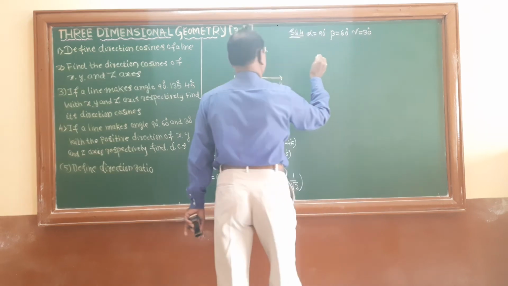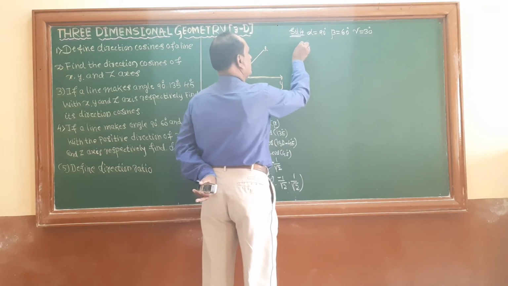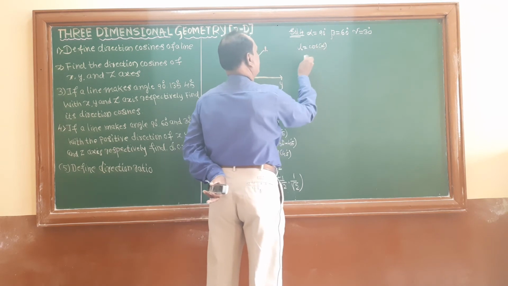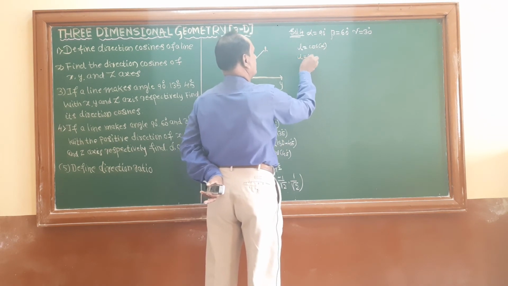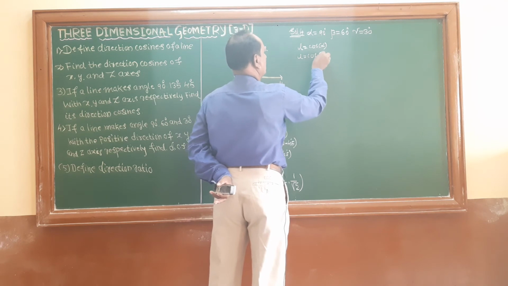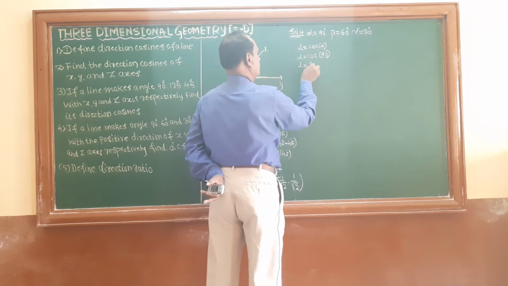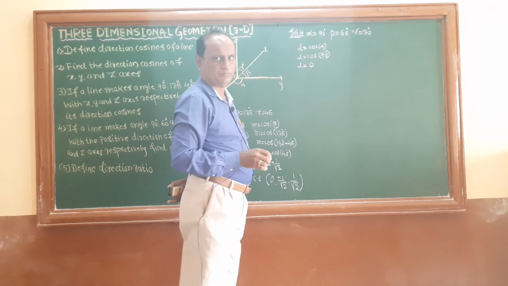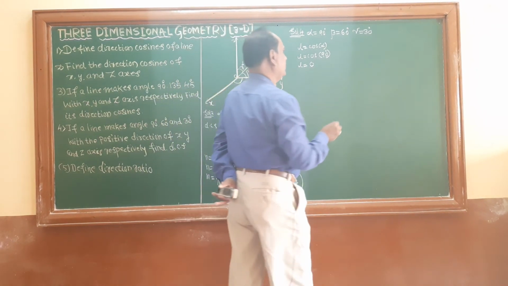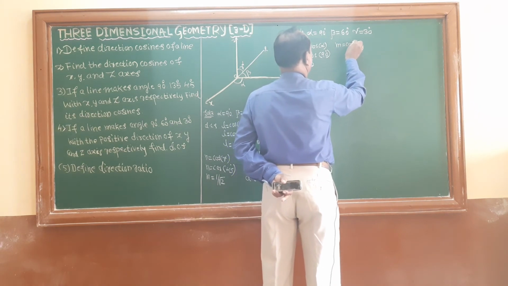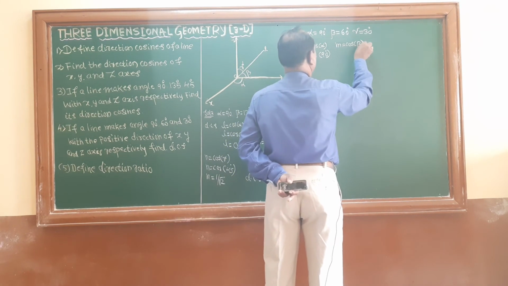We know that direction cosines: L is equal to cos alpha. Therefore L is equal to cos of alpha, that is 90 degree. Therefore L is equal to cos 90, that is 0. Similarly m is equal to cos beta.